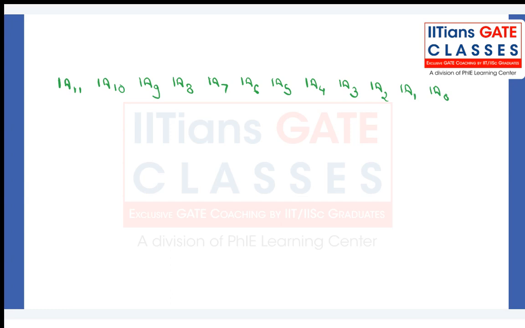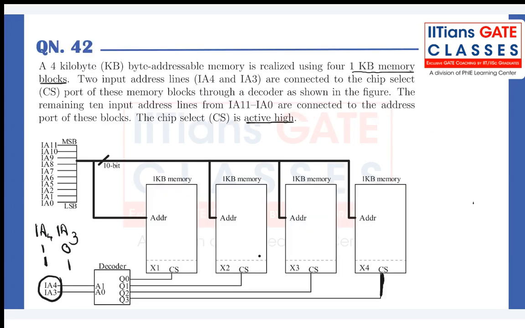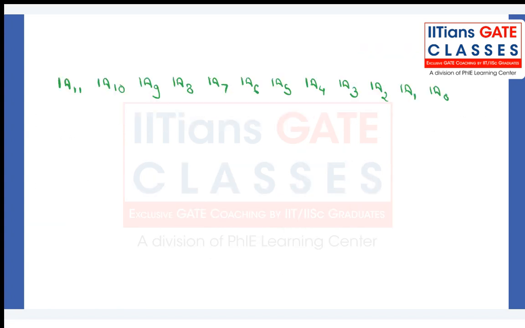Now just focus on the decoder. For the decoder part, you need IA4 and IA3, so all others can be 0. I won't put anything for IA4 and IA3 for now; others I can put as 0. Since there are four such different addresses, x1, x2, x3, x4, let's write four rows.